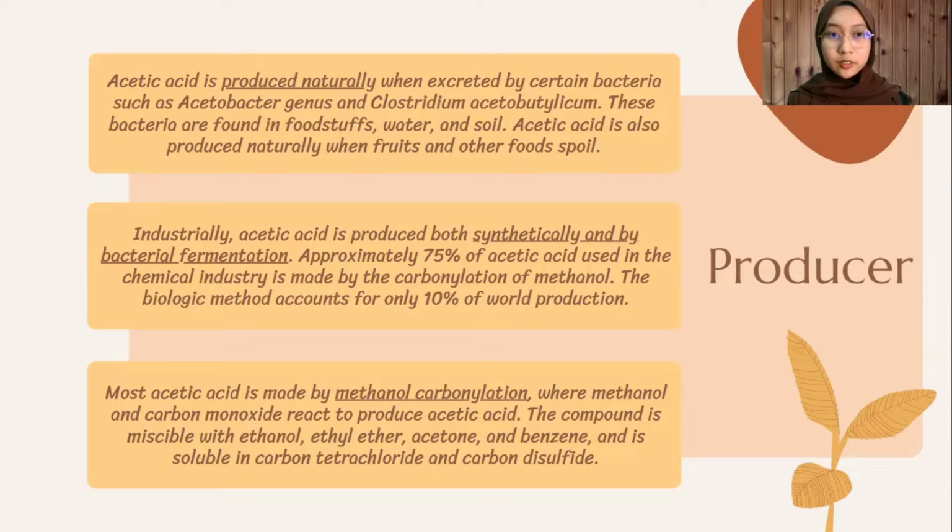In industry, acetic acid is produced both synthetically and by bacterial fermentation. Approximately 75% of acetic acid used in the chemical industry is made by the carbonylation of methanol, and the biological method accounts for only 10% of world production.